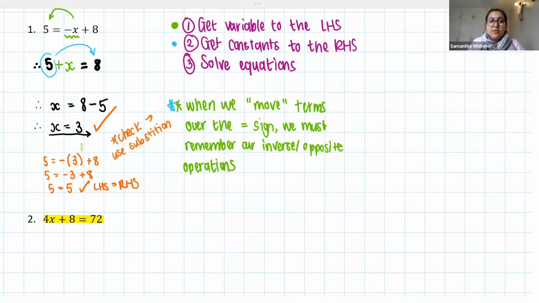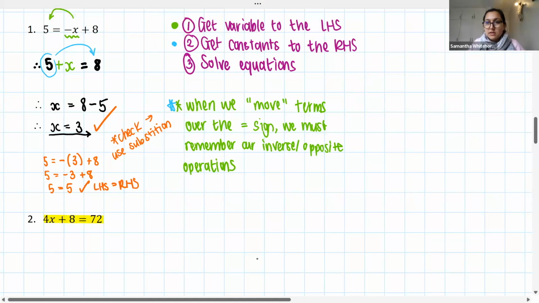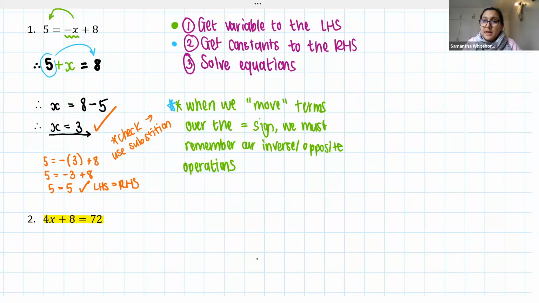And let's see what value for x we get. In the chat, what I want to see is x equals your answer for the second equation. I'm just leaving the first one up in case you want to refer back to what we have done in terms of inverse operations, but I want you to try this. Once you have an answer, please remember to check your answer by substituting.